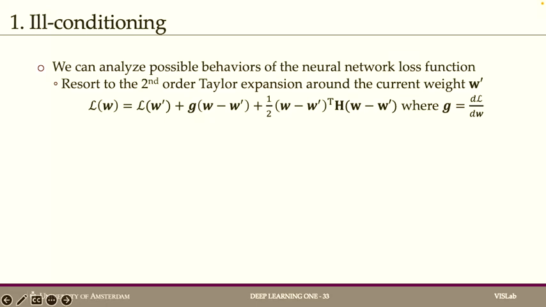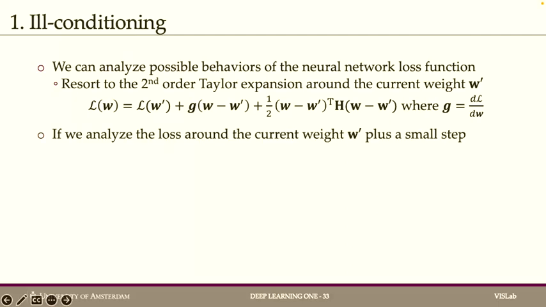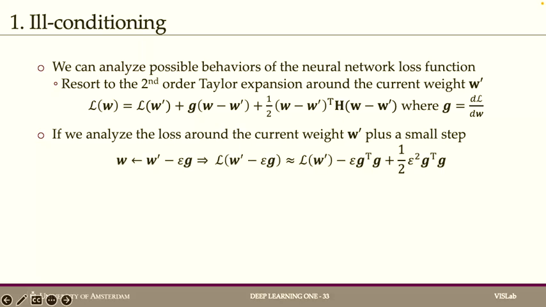We can compute how bad this ill conditioning is actually by doing a Taylor expansion around the point that we're currently at, which we denote by W dash. So you can check this is just the regular Taylor expansion you do around the point at W dash. And now we do a slight perturbation around this point by, for example, minus epsilon g, approximating one step in the direction of g.